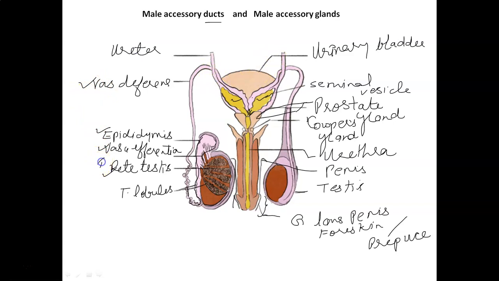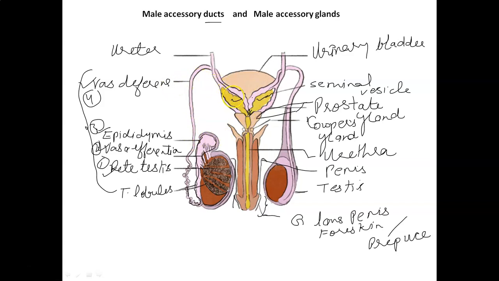So 1, then 2, then 3, and then 4. All these are the ducts. They have the function to carry sperms, spermatozoa, from testis to the duct which is coming from the urinary bladder. Okay, that is urethra. So they carry the sperms.